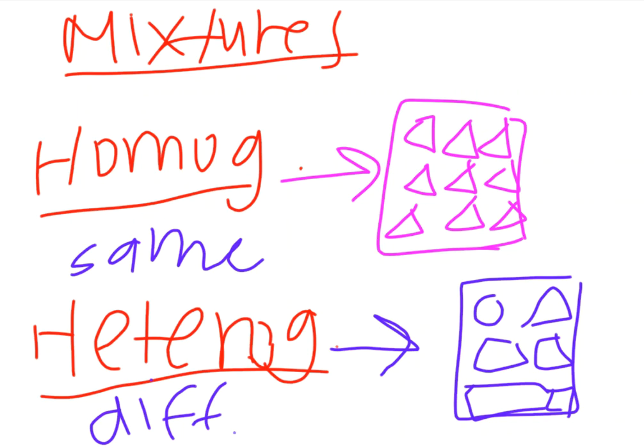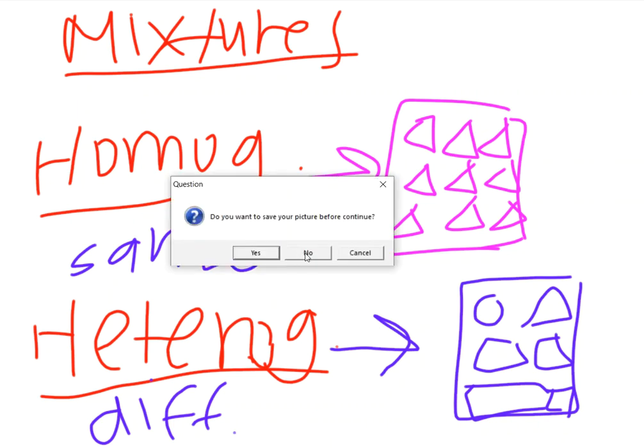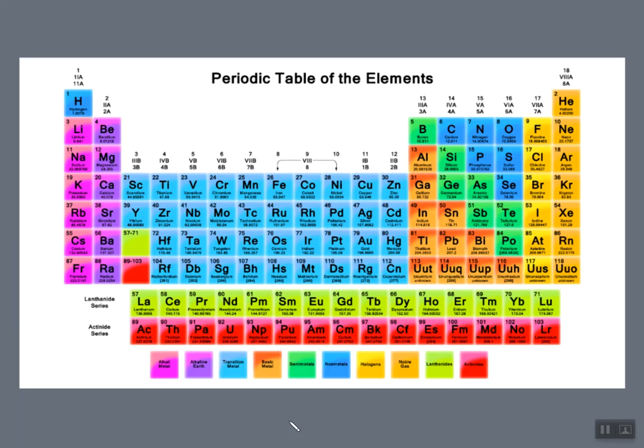Now we're just going to go over one more thing before we end. We're going to go over the periodic table of elements. So let me pause the video really quickly and pull up a picture of a periodic table of elements.